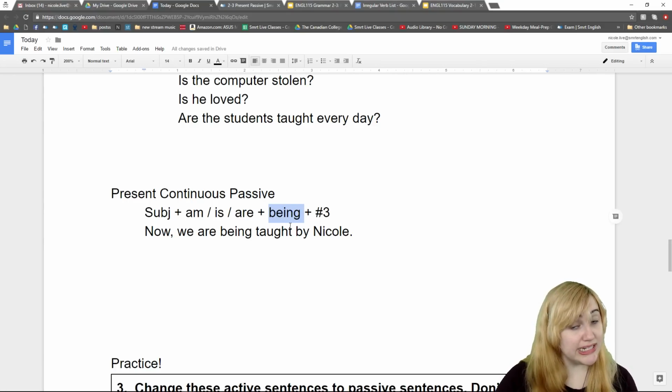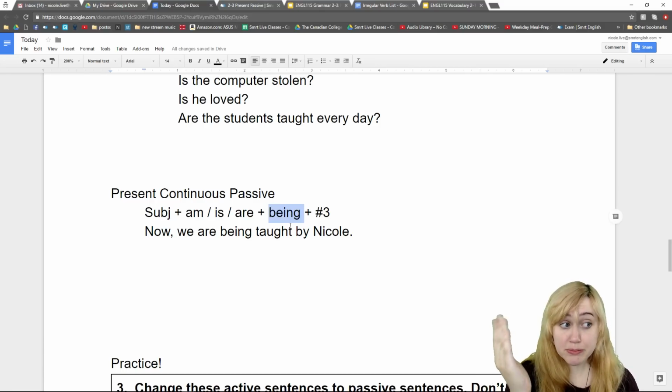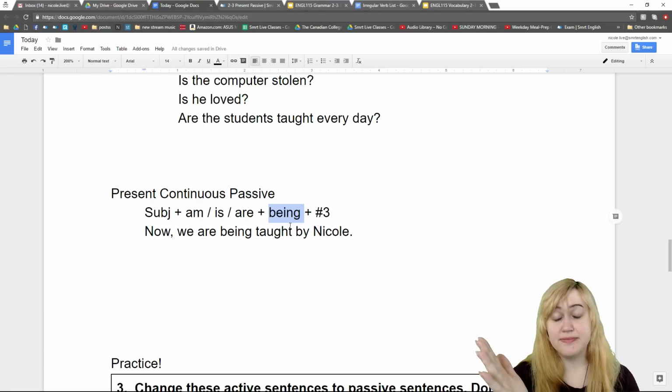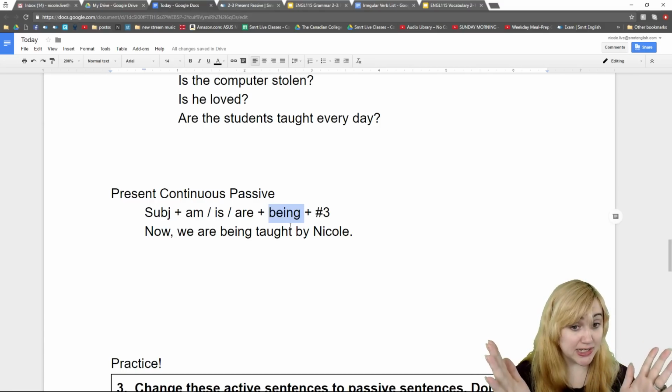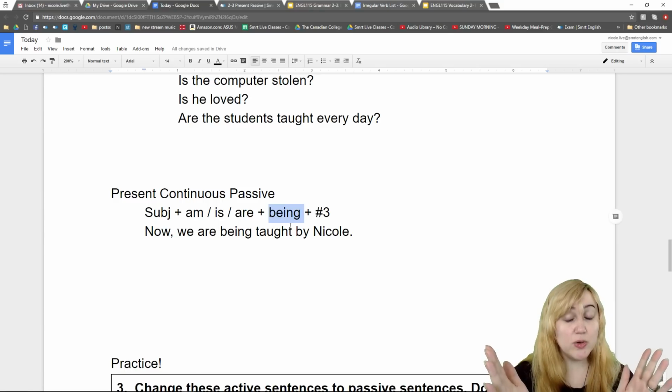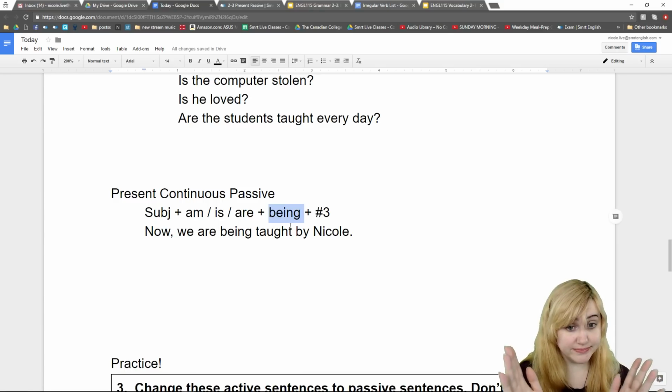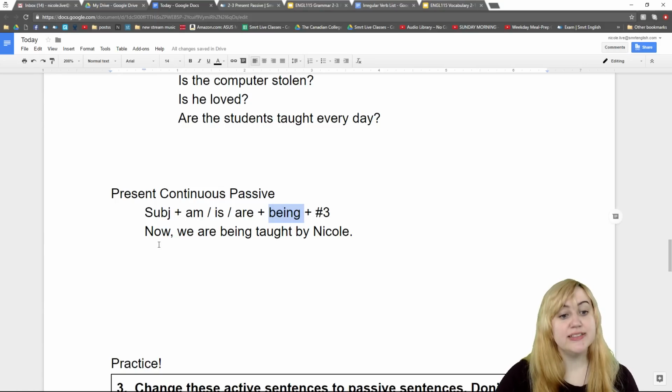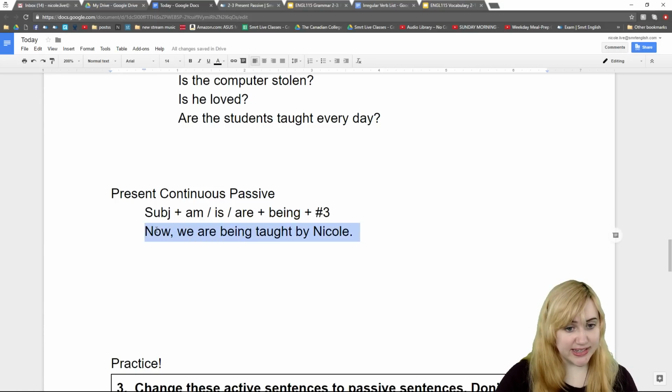That's the only difference between present simple passive and present continuous passive. The only difference for form is we add the word being. So for example, this is an example a student wrote earlier.